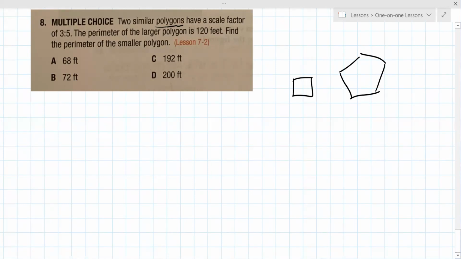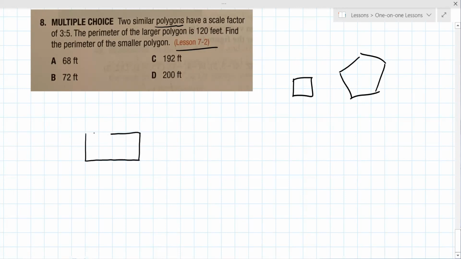The perimeter of the larger polygon is 120 feet. Find the perimeter of the smaller polygon. There might be a formula in the lesson here, but for learning, I think it's worth just doing.